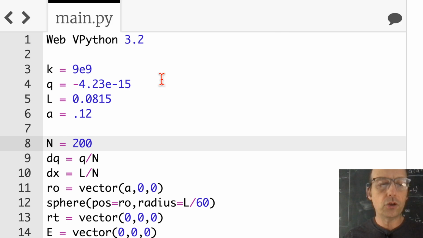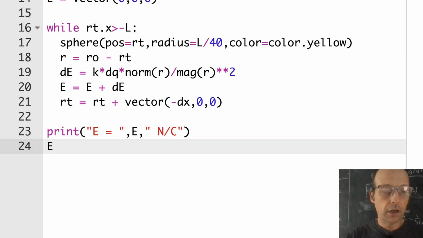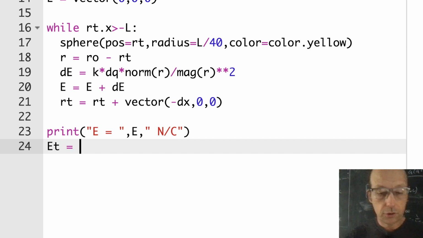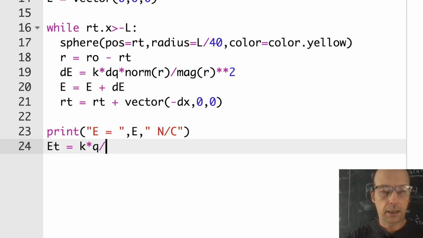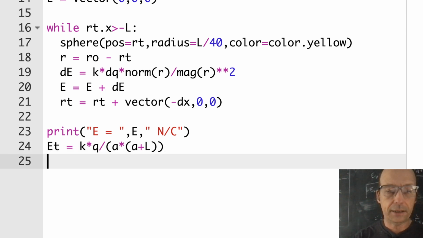What I want to do is to calculate our theoretical value. I'm going to call this ET, and the magnitude. And so it's this equation right behind me. So I have K times Q divided by A times A plus L. Yep. And let's print that and see how it compares.